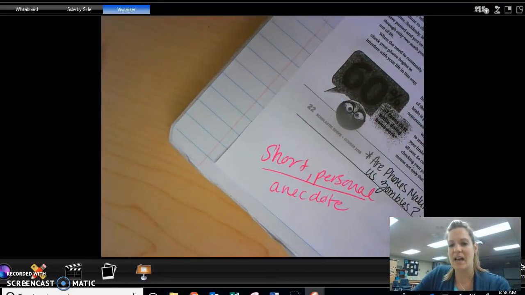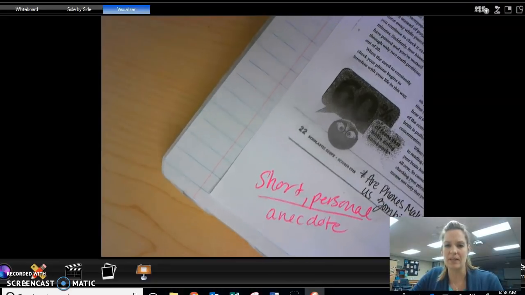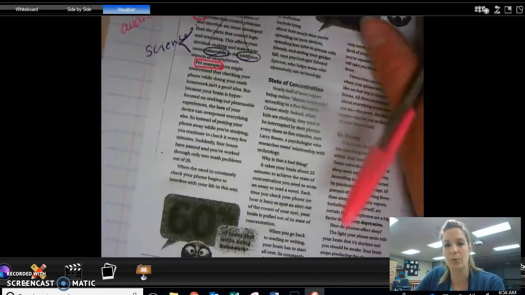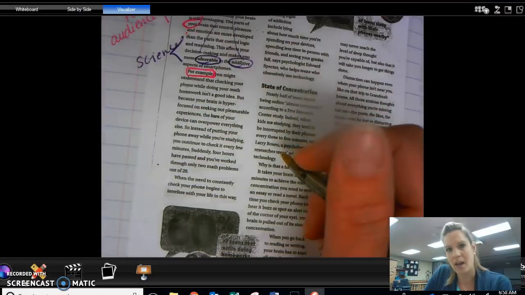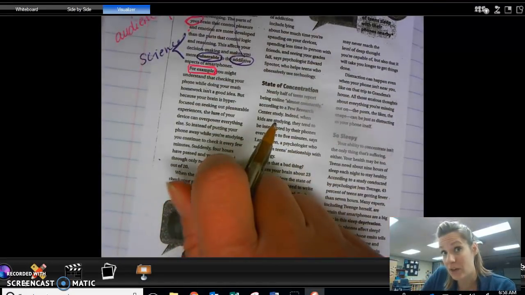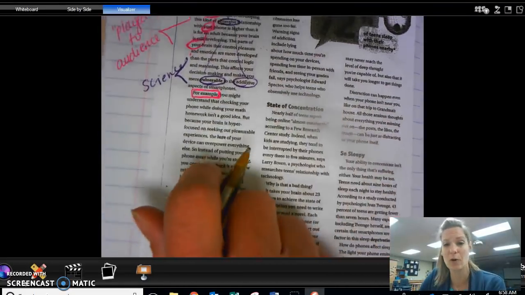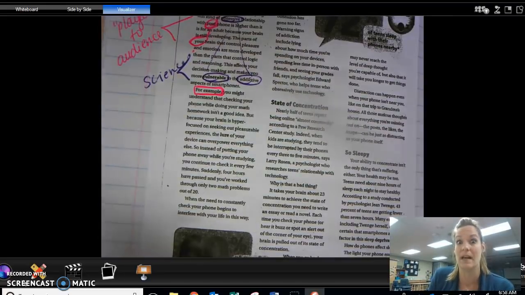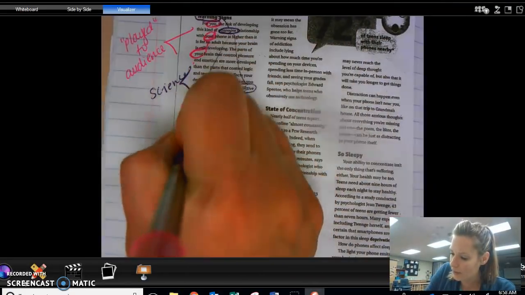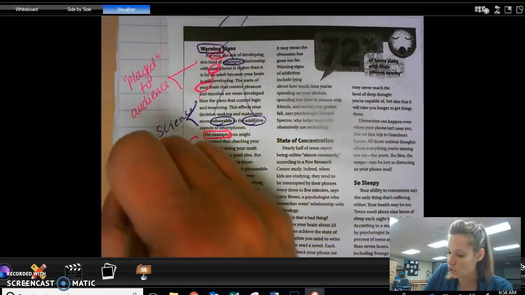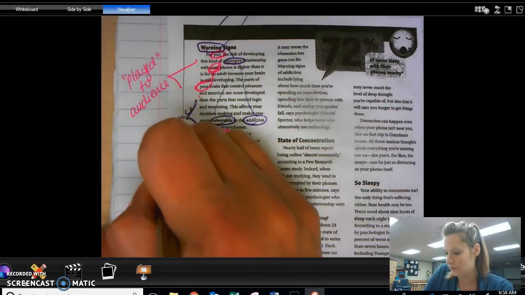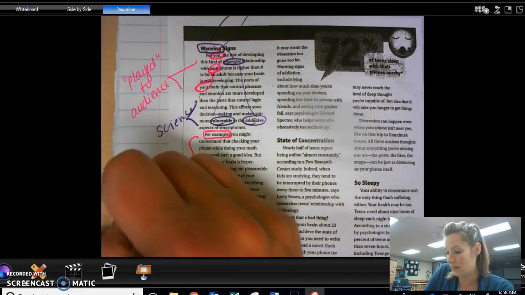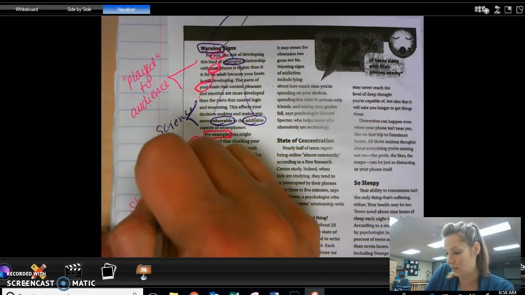And so what that does is it helps relate to your reader because it's an experience that proves the point. Like, hey, you're just doing some math homework and all of a sudden you want to check your phone, but you shouldn't, but you're going to do it anyway. So this little paragraph here is a short story, per se, and it is called an anecdote.